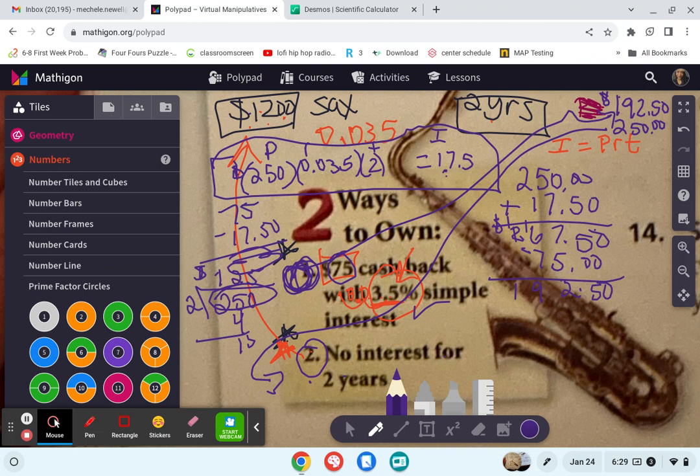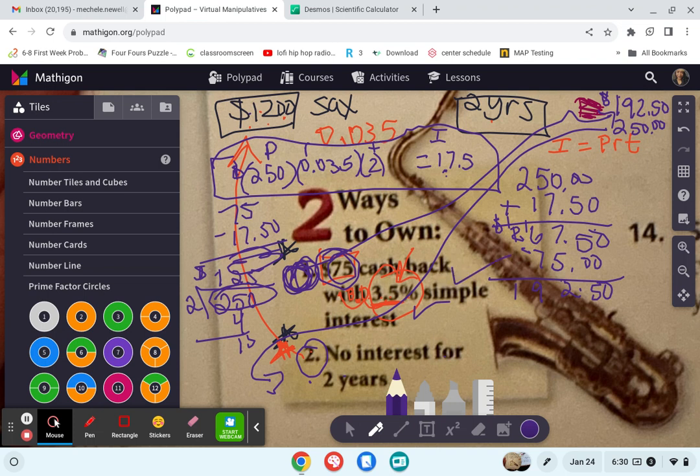That will tell you the total amount you'll be paying for your saxophone payment loan. And then you can subtract $75 from that, because they're going to give you $75 of what you've already paid anyway. That will be your answer for the first part.